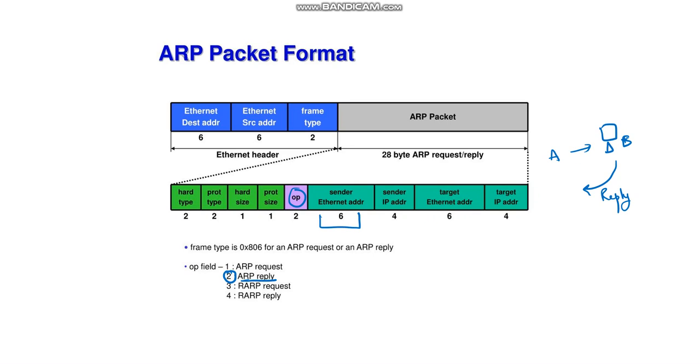Sender is now B. So it sends its own MAC address, its own IP address, and to A. Because it has received the request from A, the response will also be to A. This is A's IP address, A's MAC address, B's IP address, and B's MAC address.